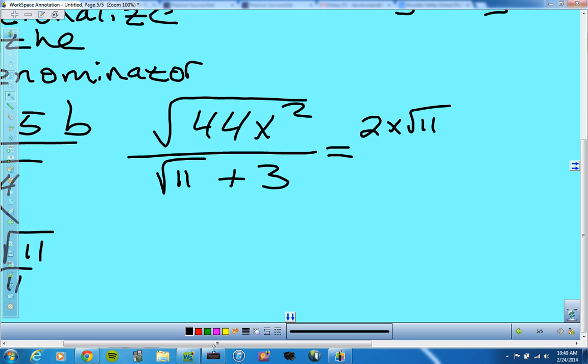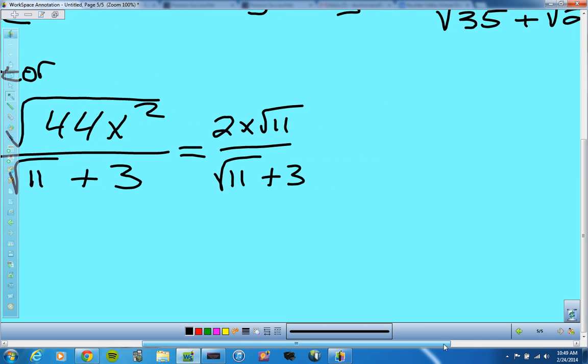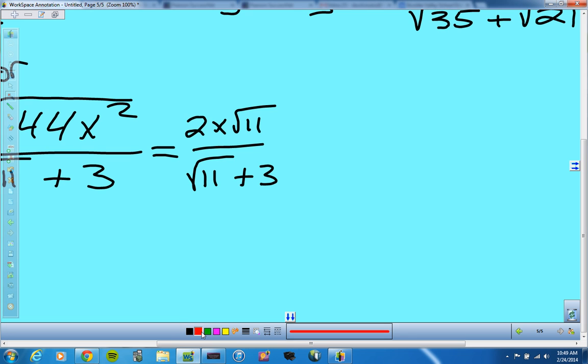So we have to multiply, let's just rewrite this part. Now we have to multiply by the conjugate. So what's the conjugate? Yep. 11s not cancel out. So why can the 11s not cancel out? Right.